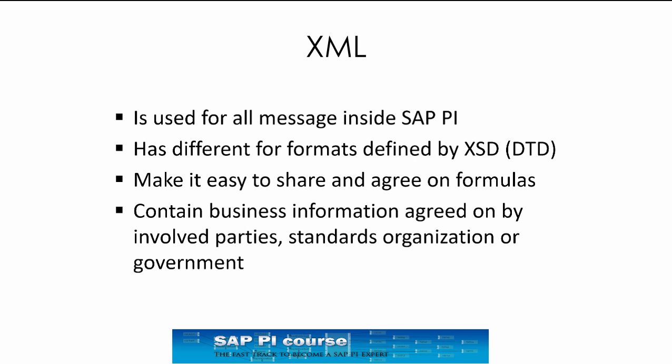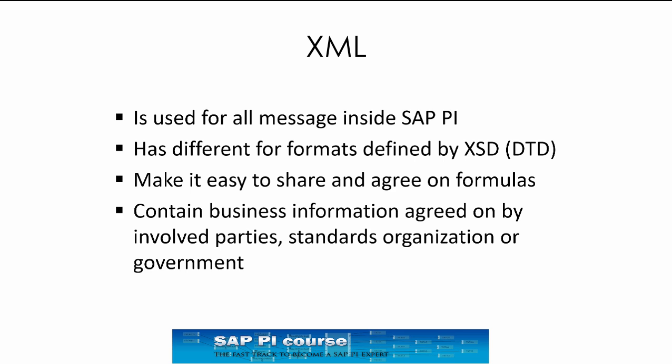These XSDs make it easy to exchange information about what's going on. What are we exchanging? What kind of data do we have? What's working? What's not working? It's a simple way of agreeing on a standard, and then both parties can follow it.